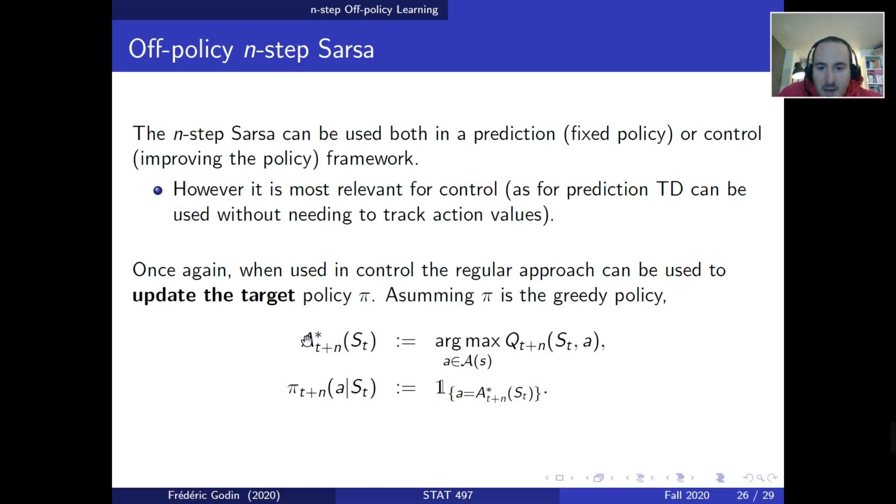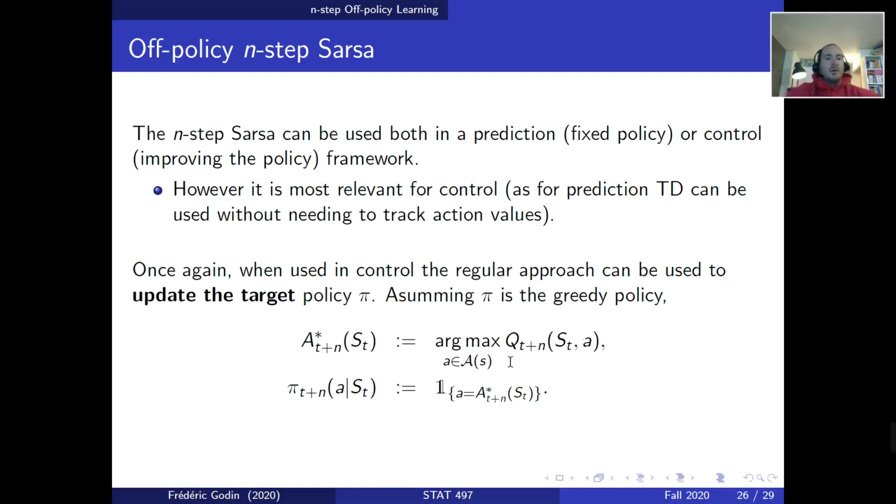At time t+n, because you update the action value function associated with state S_t, you can check what is the new greedy action for state S_t, the new greedy action being equal to the action maximizing the Q function in state S_t.